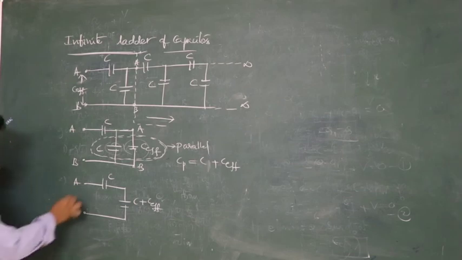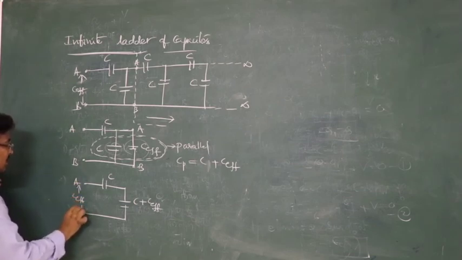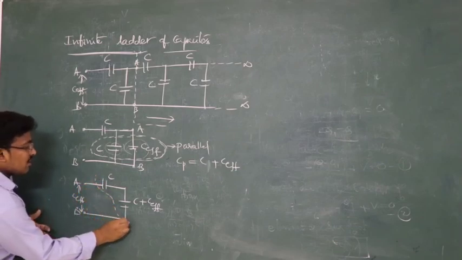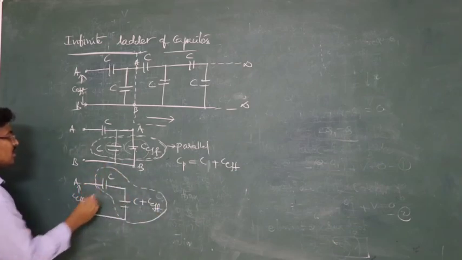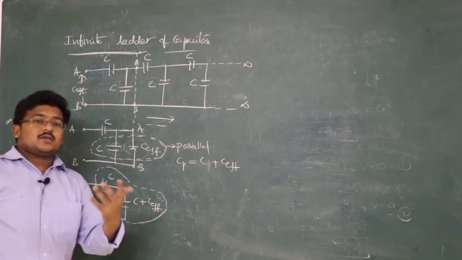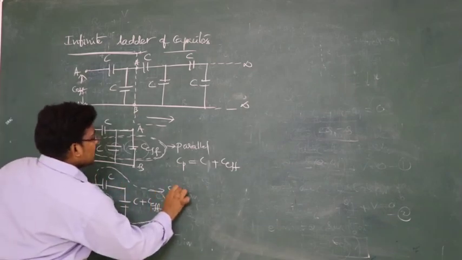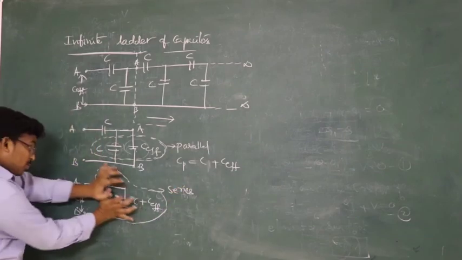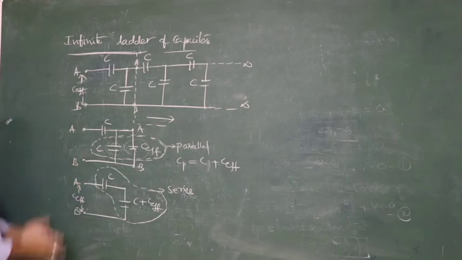Now to get C effective between A and B, how are these two connected? They are in a single branch, which means series. Now if you solve both of them, you will get the answer.